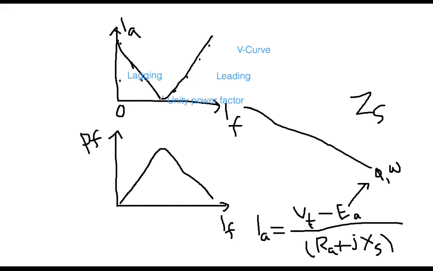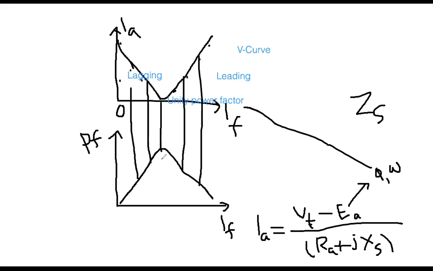This point corresponds to this point, and I am plotting each point. For example, this point is here, this point is here. So accordingly, this is your unity power factor line, and then the left side is your lagging, right side is your leading.